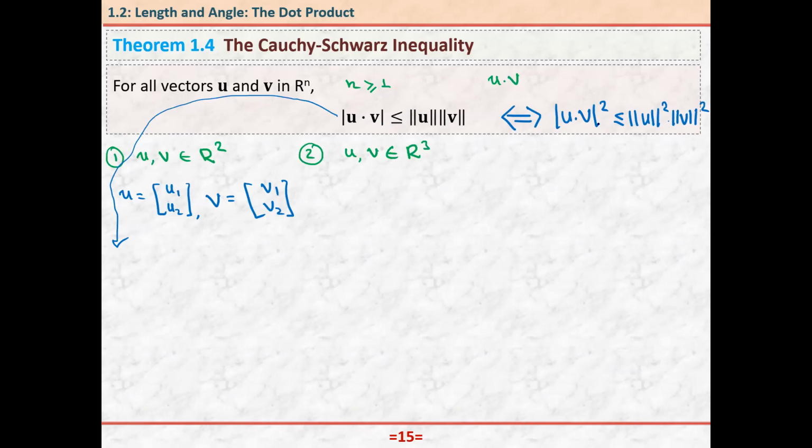And since we have a square now, we don't have to write the absolute value symbol. So I'm going to prove u dot v squared is less than or equal to norm of u squared times norm of v squared. If we can prove this, we will have proved the original inequality too, because these two are equivalent.